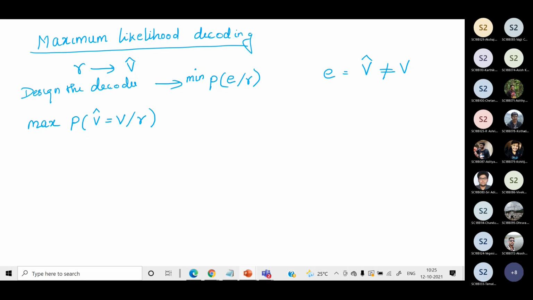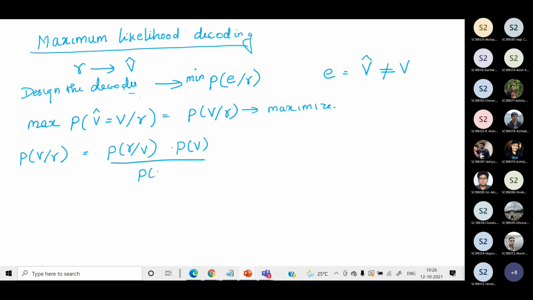So it means this is equal to P of V given R. We want to maximize this. Right? So P of V given R, according to the Bayes rule, I can write it as P of R given V into P of V divided by P of R, right?